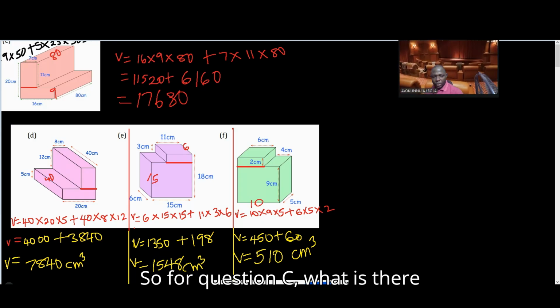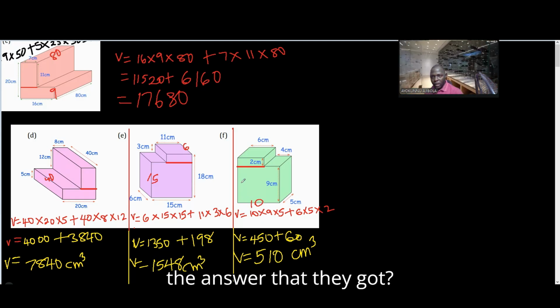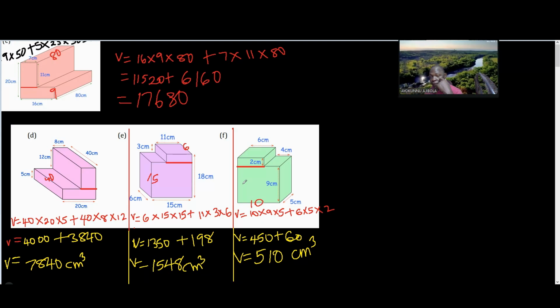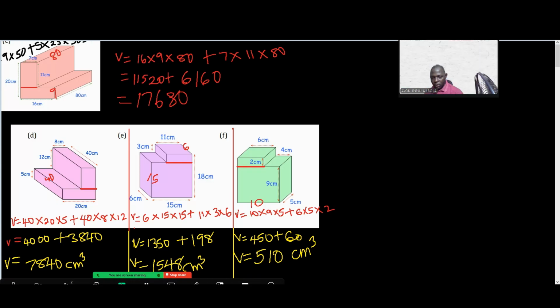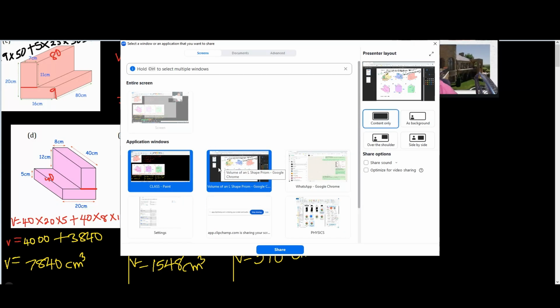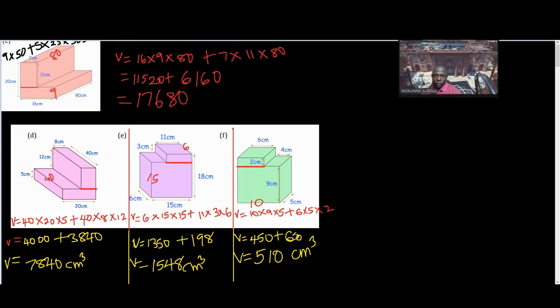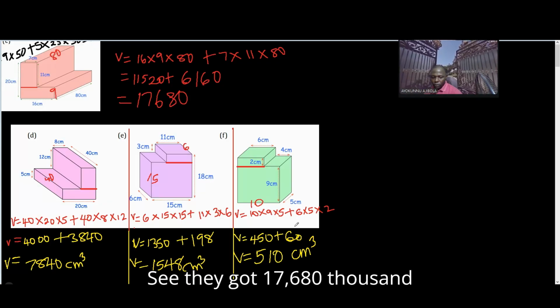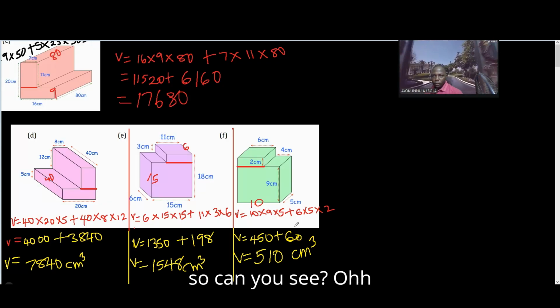So for question C, what is the answer they got? I'll check. Okay. See, they got 10,680.